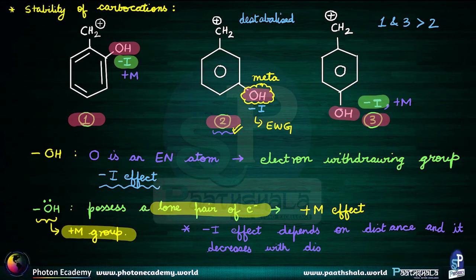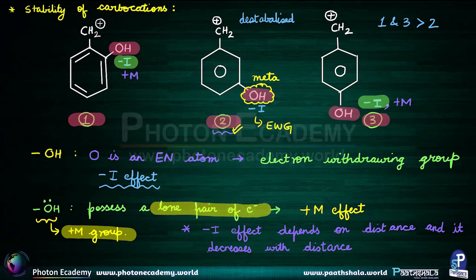So the nearer the minus I effect, the more is its effect on the species. And thus, if the minus I effect is near to the carbocation, which is apparent in the first case, you can see that the minus I effect is nearer to the carbocation, so it is going to show more minus effect.